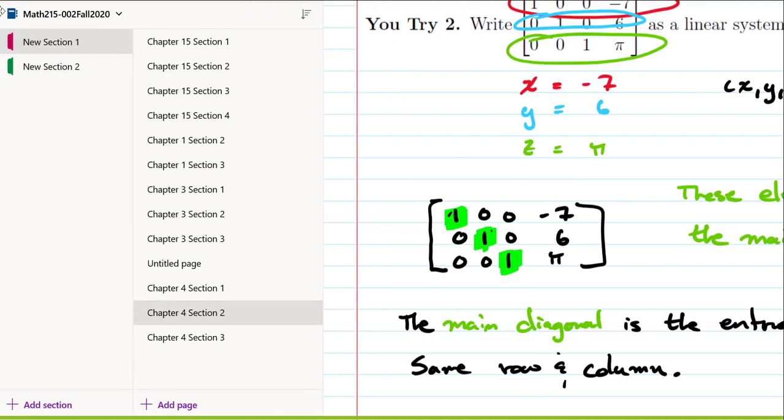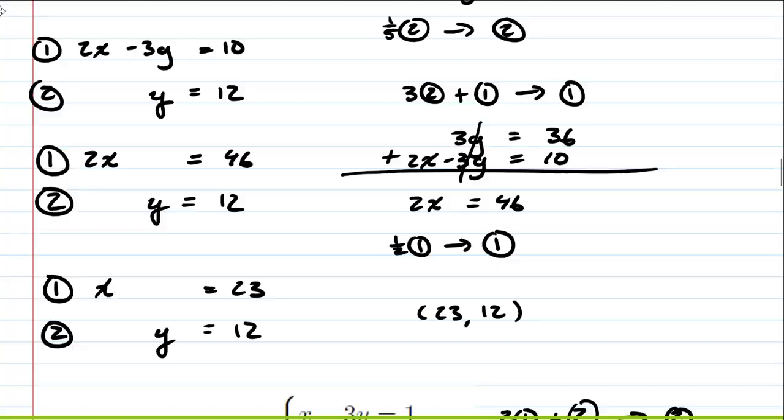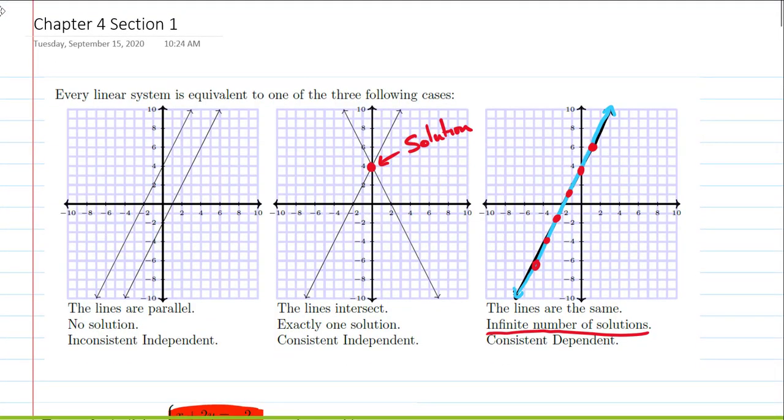So remember, if we go back to 4.1, every linear system, no matter how many dimensions it's in, will always be one of these three things. Where there is no solution, exactly one solution, or there is an infinite number of solutions.